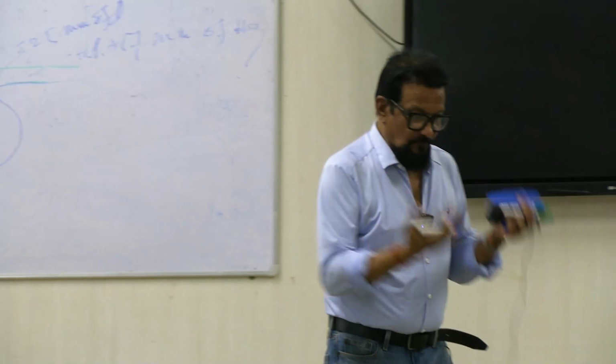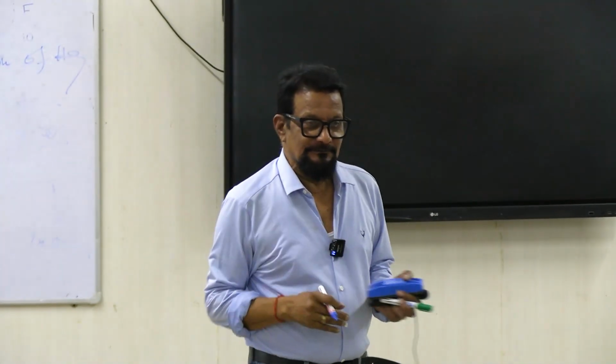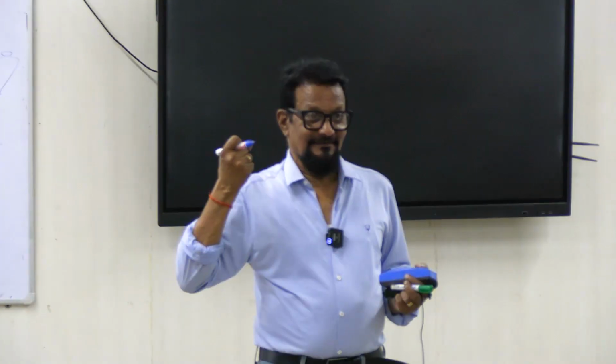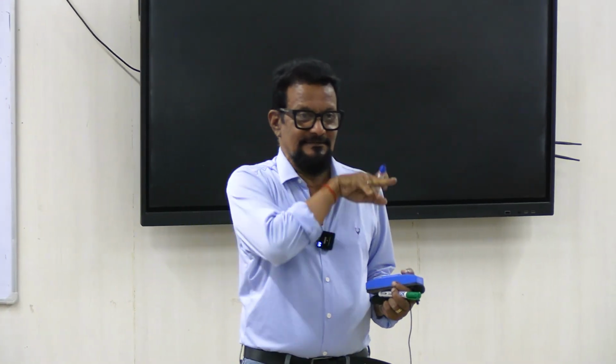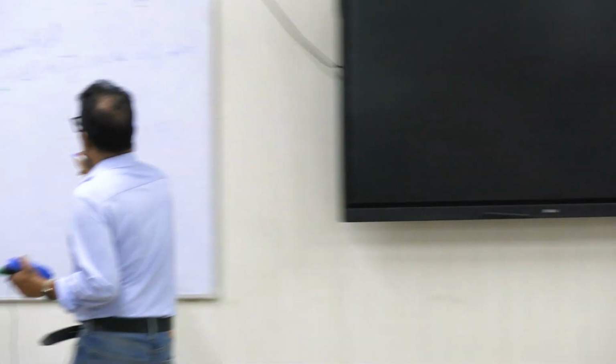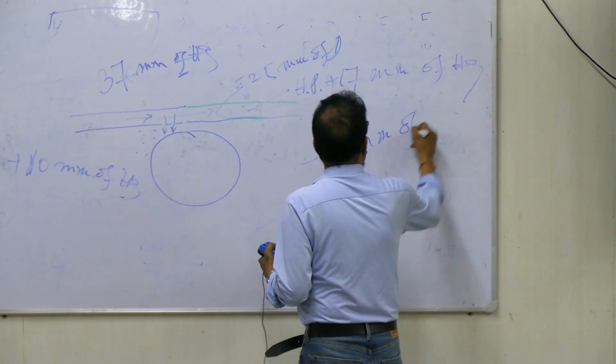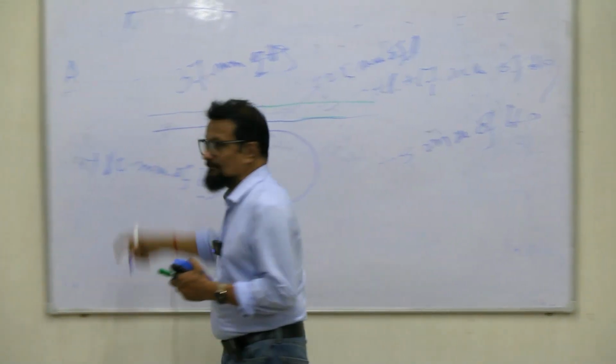Whether fluid will enter or fluid will go out. Osmotic pressure is the drawing pressure, and hydrostatic pressure is the pushing pressure. What will be happening here? Drawing. So, what is the net pressure? Net drawing pressure is 8 millimeter of Hg, whereas the filtration pressure is here.